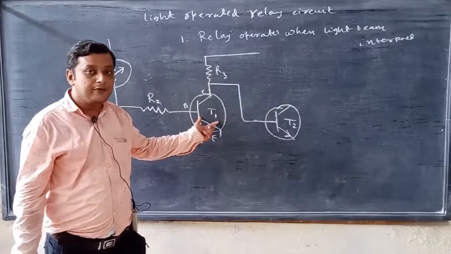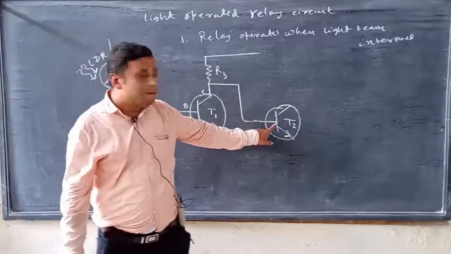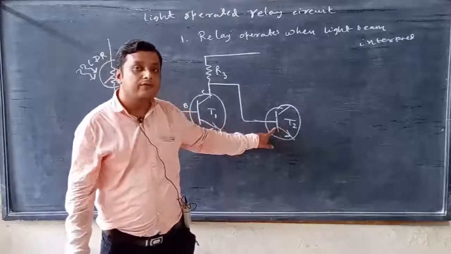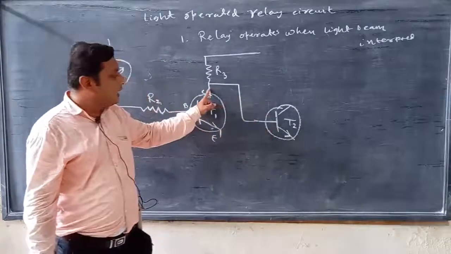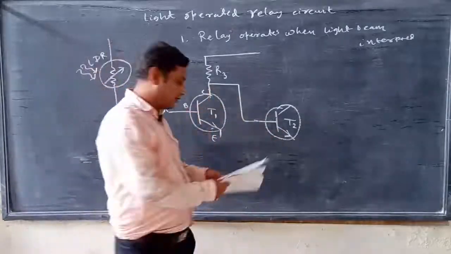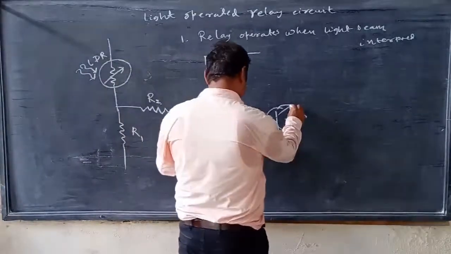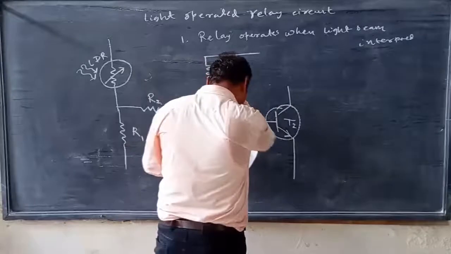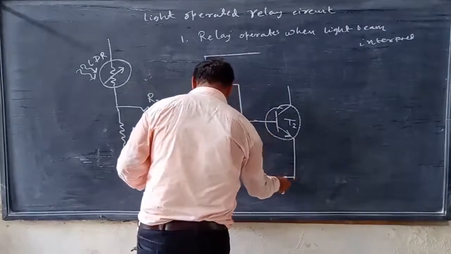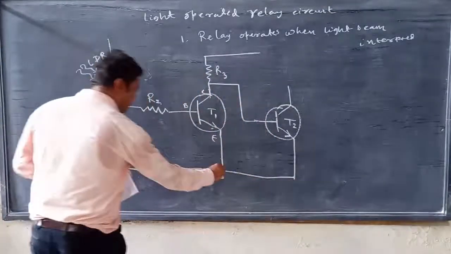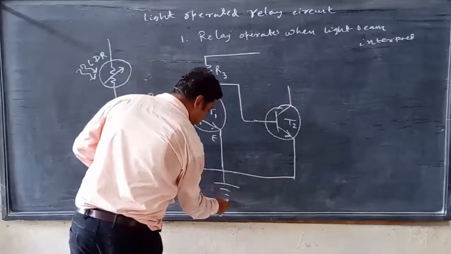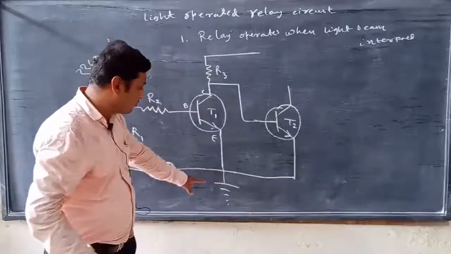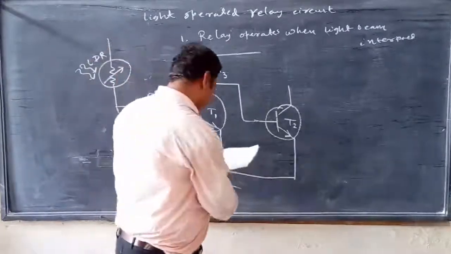That's why I have connected the base of the transistor T2 to the collector of the transistor T1. The emitters of the transistors T1 as well as T2 are earthed, grounded or shorted together.